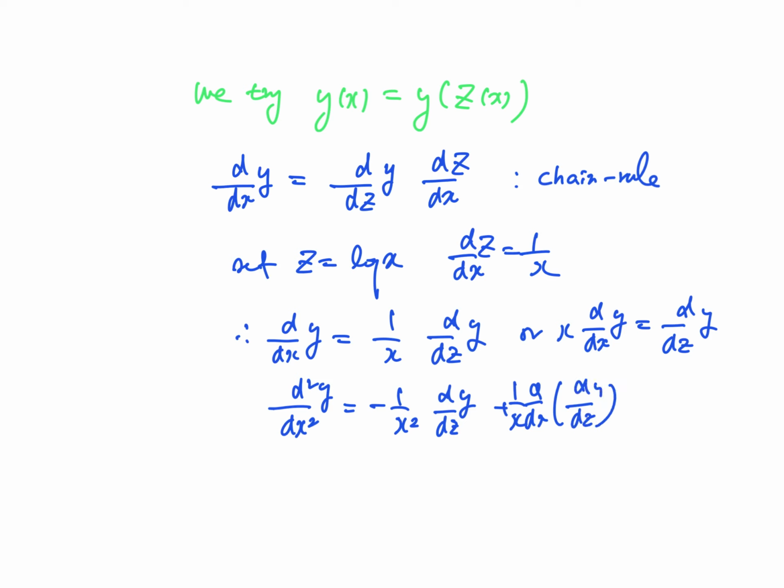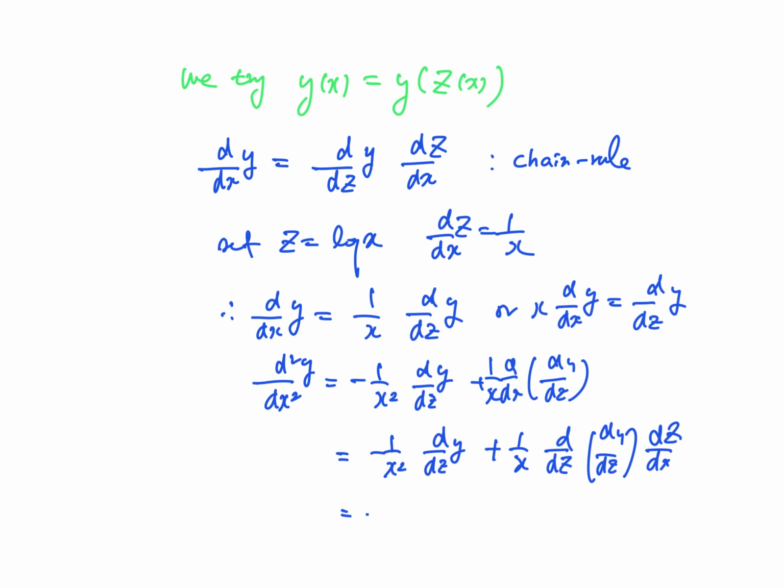It can be written as minus 1 over x squared dy/dz plus 1 over x squared d squared y over dz squared. Or x squared d squared y over dx squared is minus dy/dz plus d/dz of dy/dz.